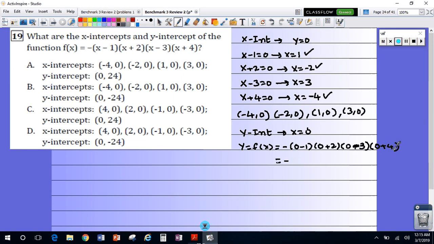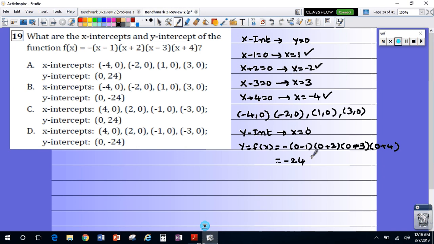So it is 4 times 3, negative 12, negative 12 times 2, negative 24, negative 24 times negative, and we have three negatives, so it is negative 24.